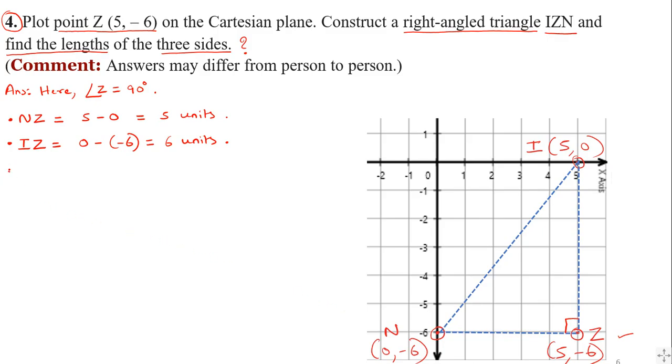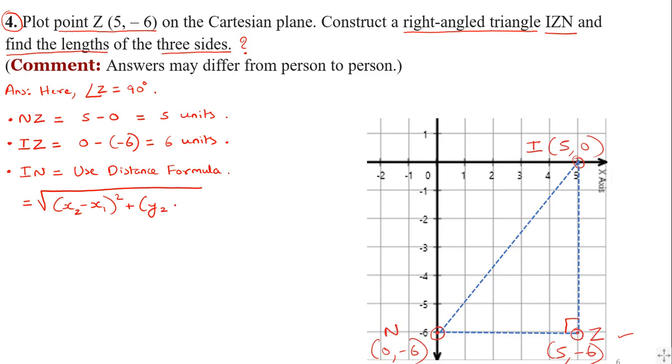Now we have to find the side IN. And to find the side IN, we have to use the distance formula. So the distance formula is under root (x2 minus x1) the whole square plus (y2 minus y1) the whole square.